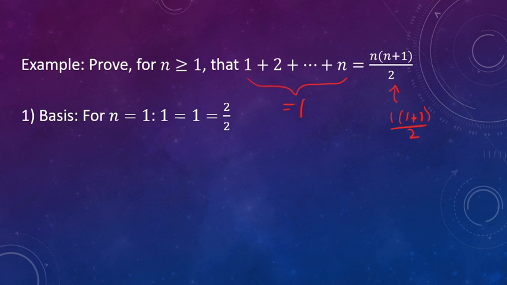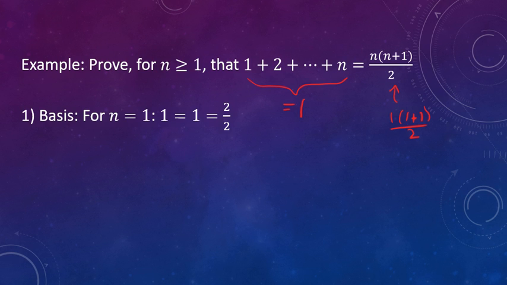And last time I checked, that gives me 2 over 2, which is also equal to 1. So we have our left and our right-hand sides matching. This shows that this statement is true for when n is equal to 1. We have it shown true for the first guy, or we've knocked over that first domino in the long line of dominoes. Step 2 is the hypothesis step.